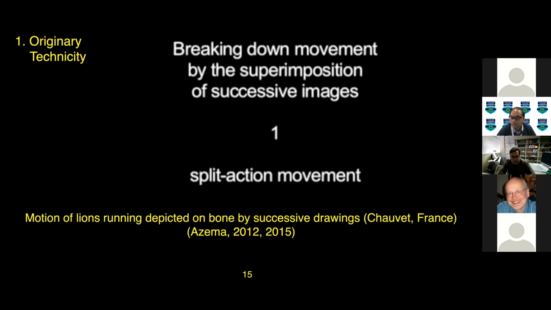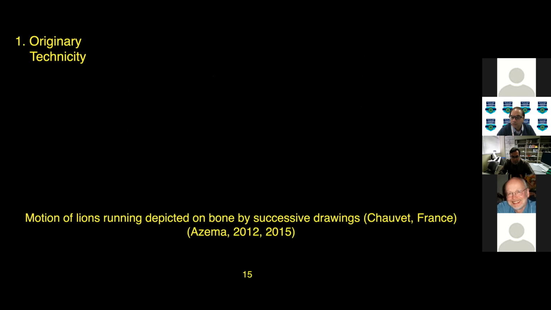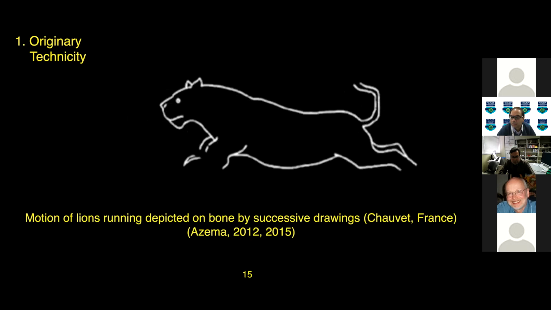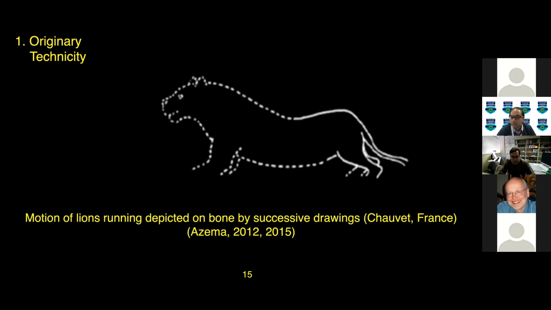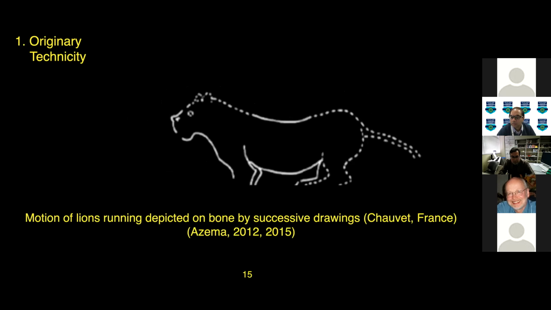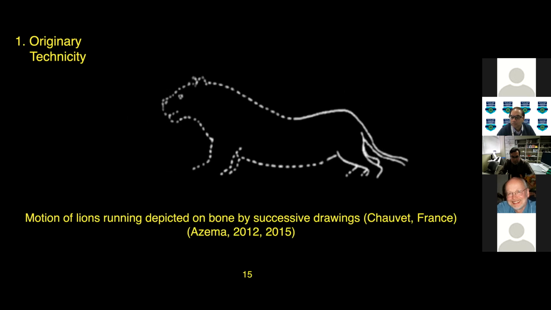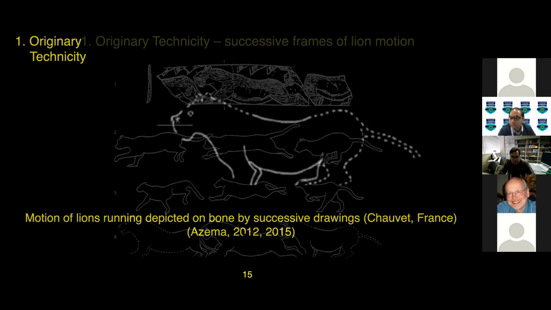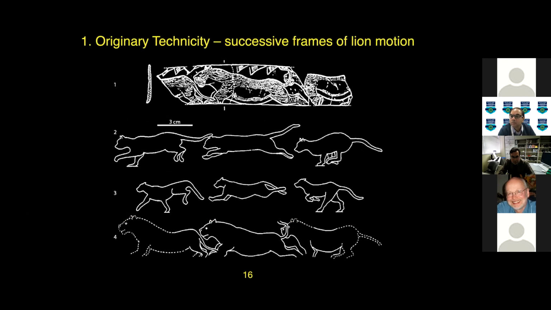In addition, the motion of a lion running was also captured by drawing successive images that represent the positions of a lion as it runs. This drawing required a kind of prototypical grammatization, which I will return to later in this talk. These images display the successive frames from the previous video.